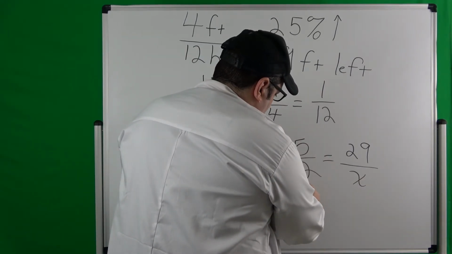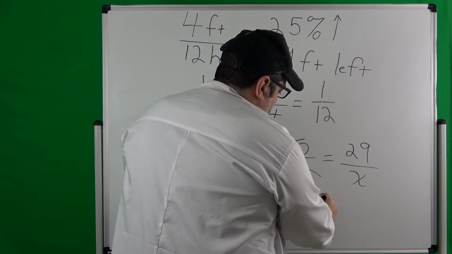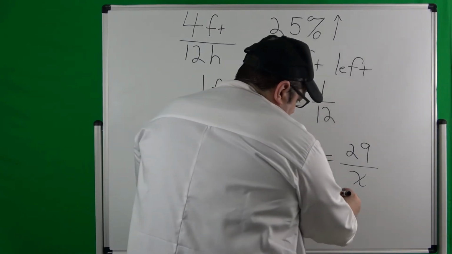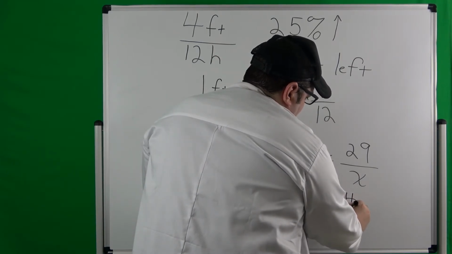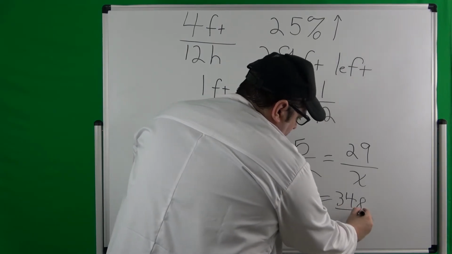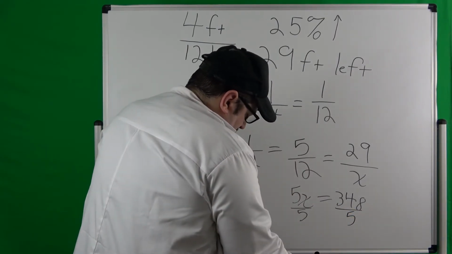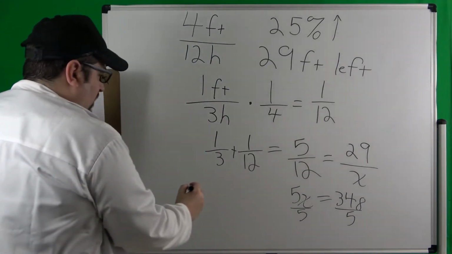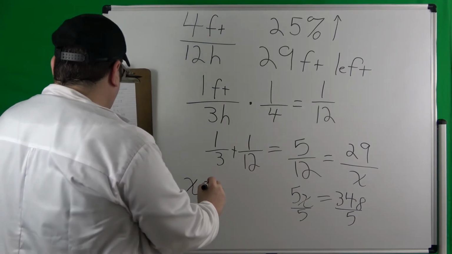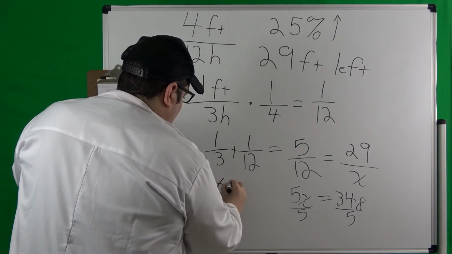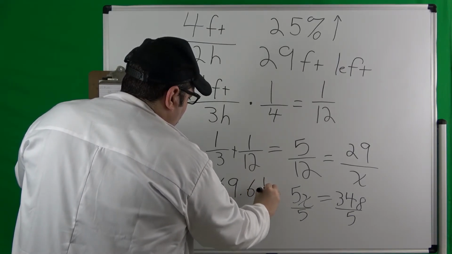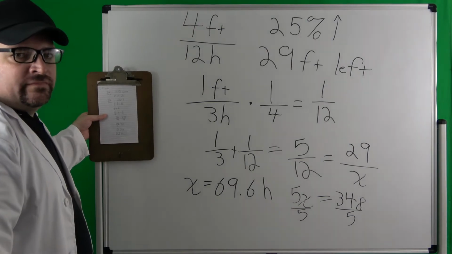We got 5x equals 12 times 29 is 348. Divide by 5. And you get x equals 69.6 hours. Nice.